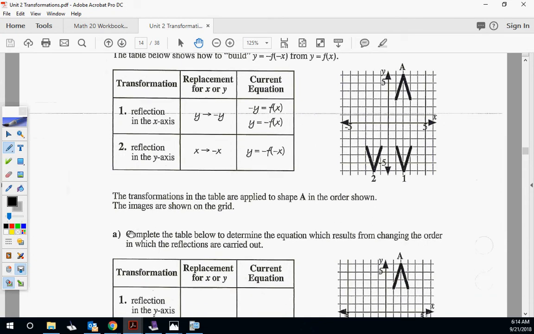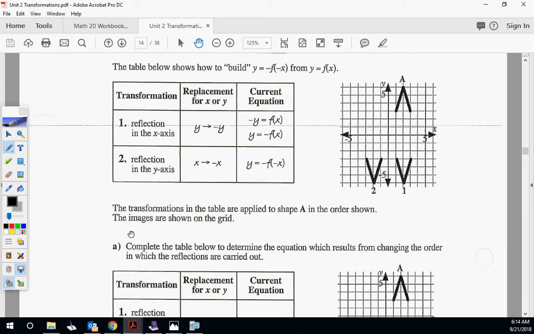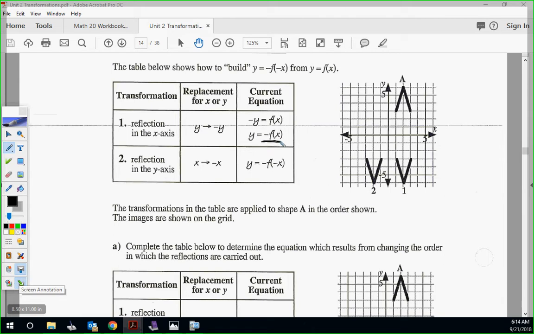If you look at it here, if we're going negative f of x, the first thing is a reflection over the x-axis. Reflection over the x-axis is the negative f of x piece, so that would be this piece. We change our y to a negative y.